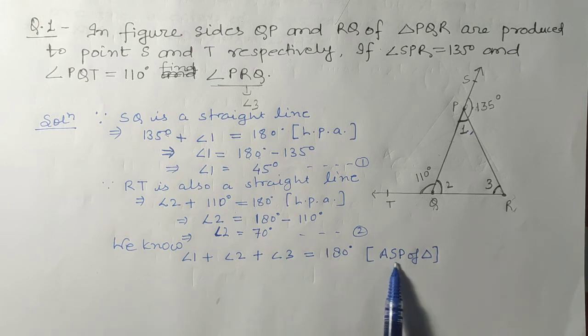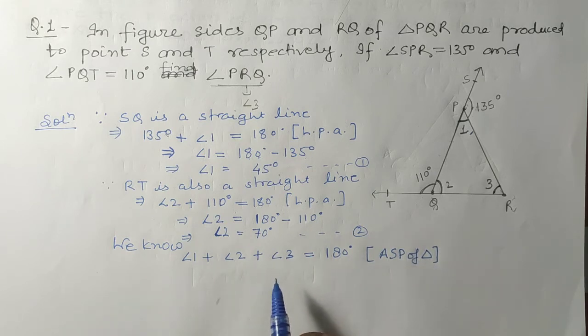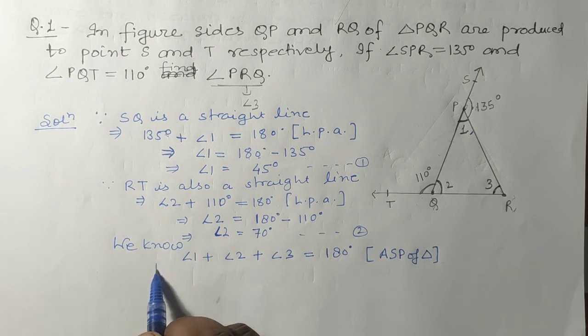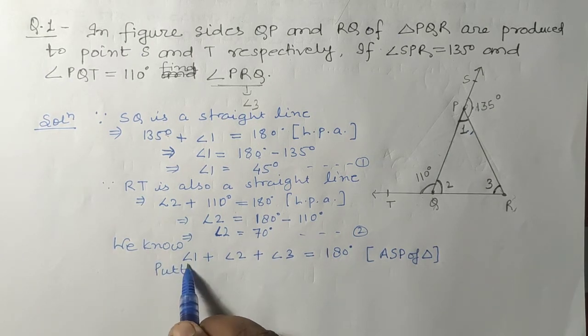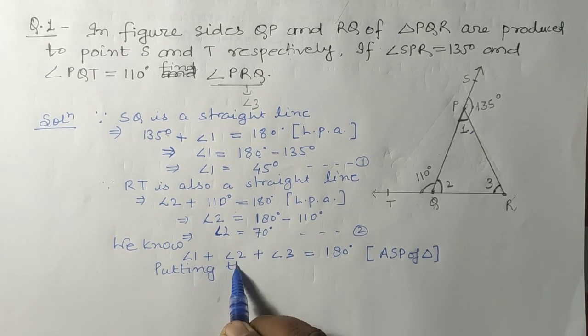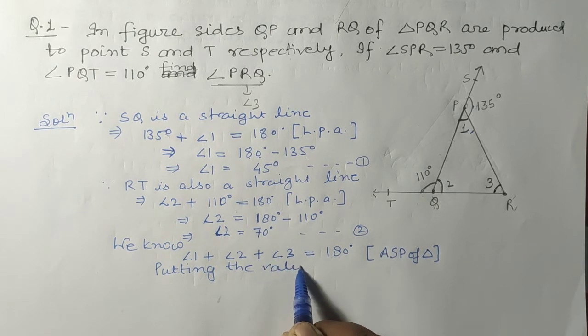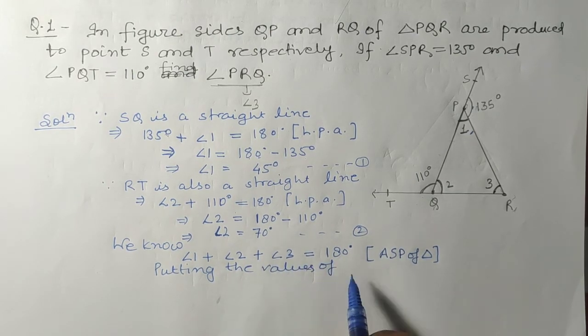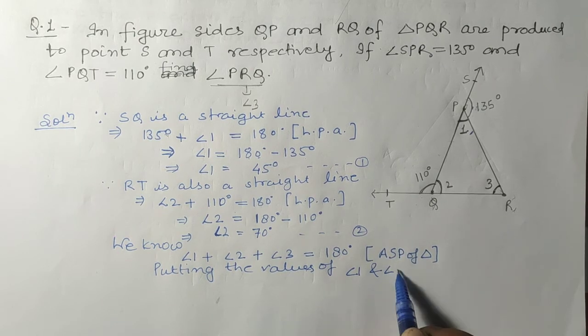So basically we have to mention here the angle sum property of a triangle. Now see students, putting the values of angle 1 and angle 2.